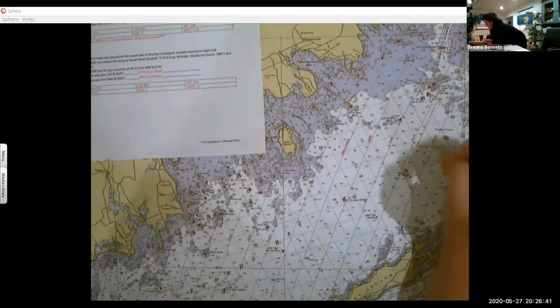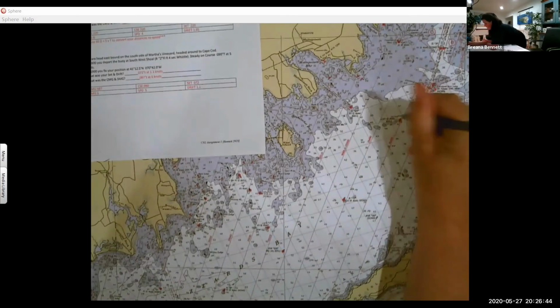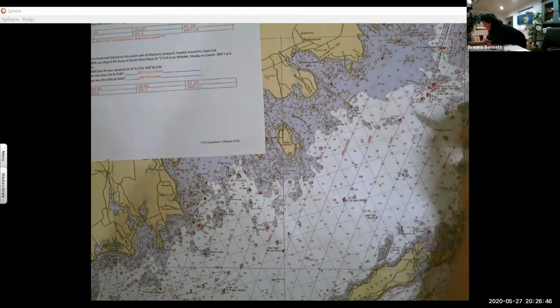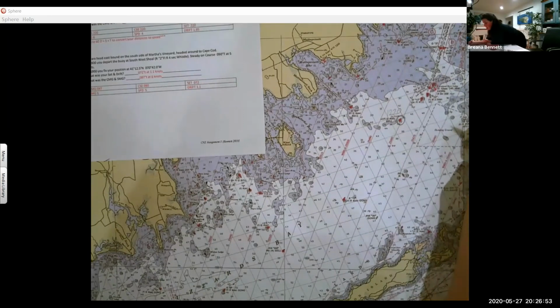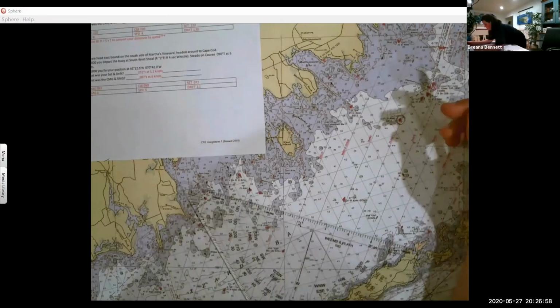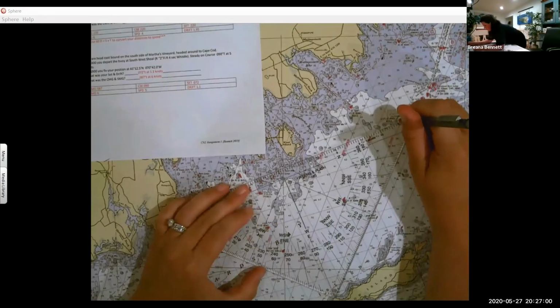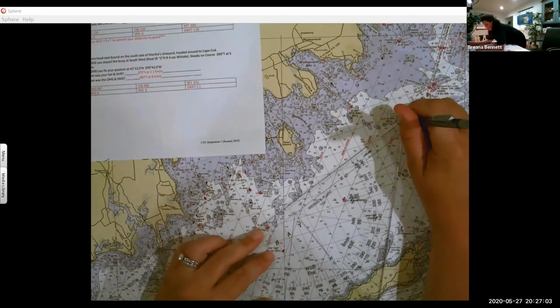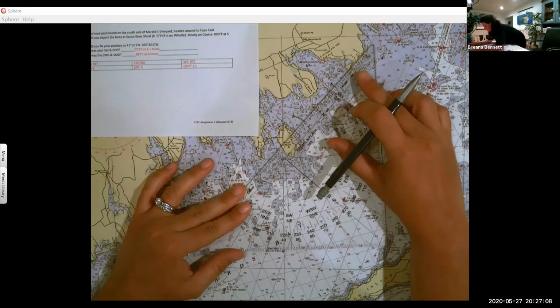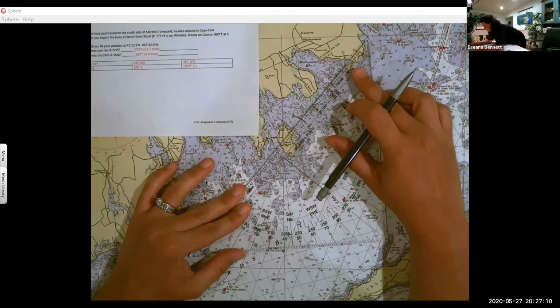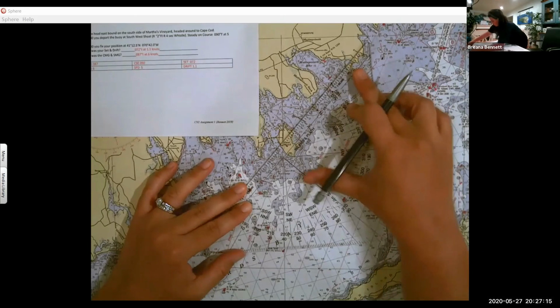And at 12:20, you pass very close to buoy 11. We're going to call this 12:20. We're at buoy 11. And then you are steady on 220. I'm not going to reach, so I will go here. 220 true.